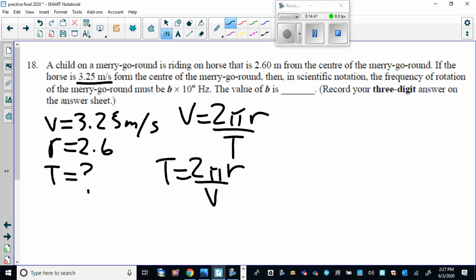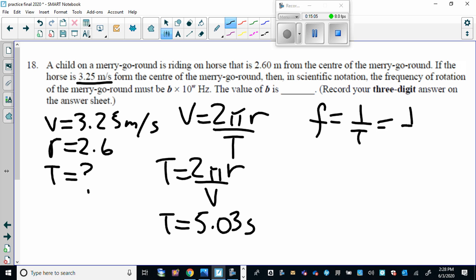Take your formula, 2 pi r over T, solve it for T, plug in the radius and the velocity, and that will give you a period of 5.03 seconds. But they want the frequency, and the frequency is always the inverse of the period. That's going to give you a frequency of 0.199.